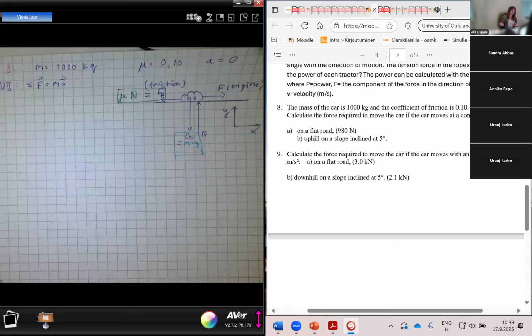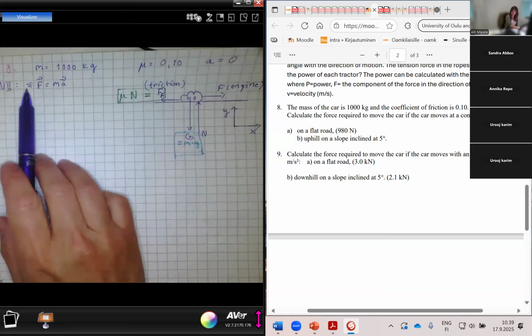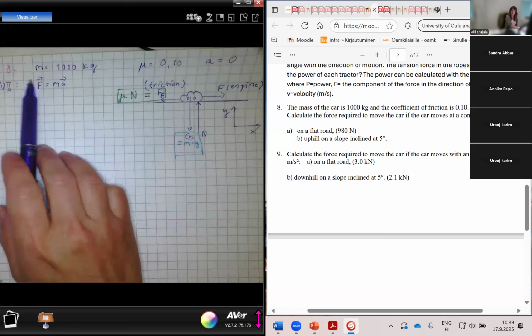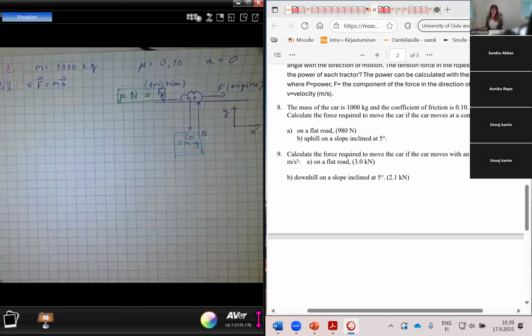Can we now calculate all these, because you know what this means, yeah? Sum. Okay, can we now calculate all the forces together? Which forces do you see in the picture? Yes, you see the friction, the engine, the G and the N. Can we calculate those 4 forces now together?